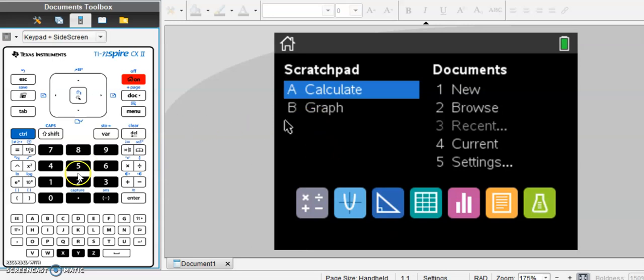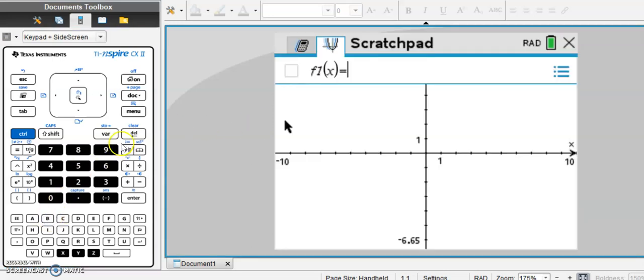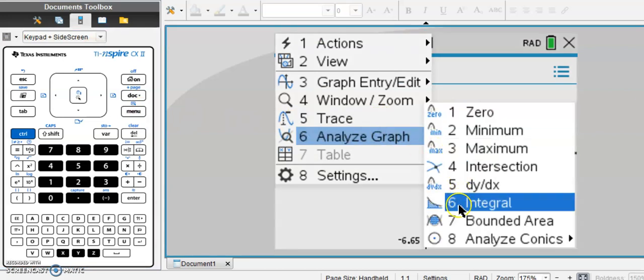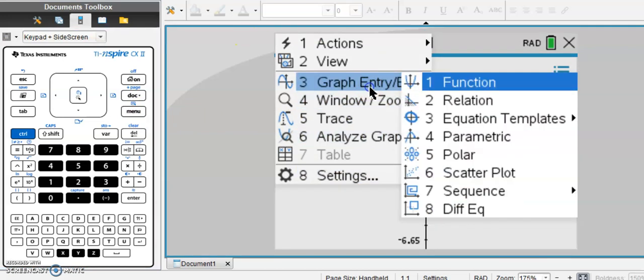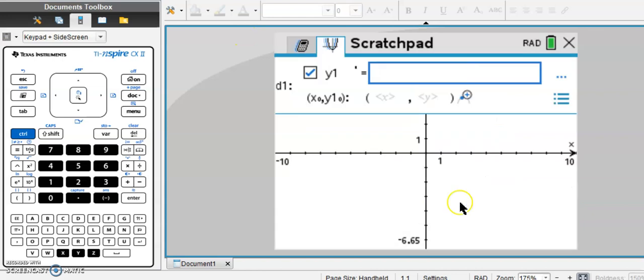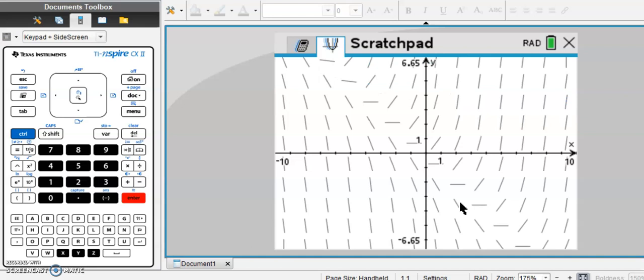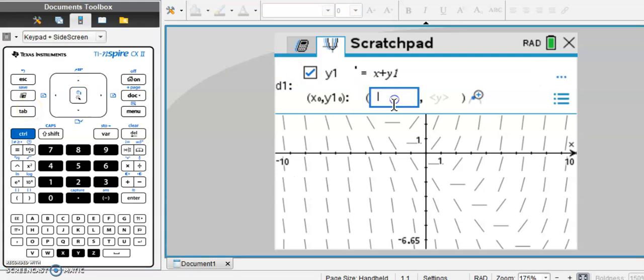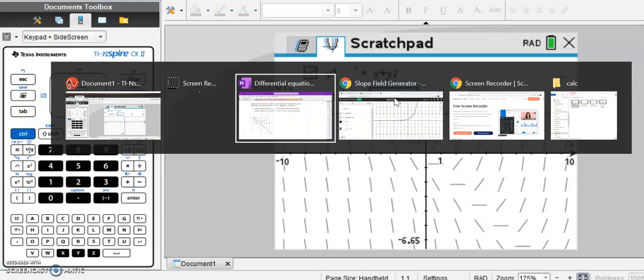If we graph, menu, analyze graph, graph entry, edit differential equations, we'll do x plus y1 and get my solution curve there. If I give it the initial point, what was it, (1, 1)?